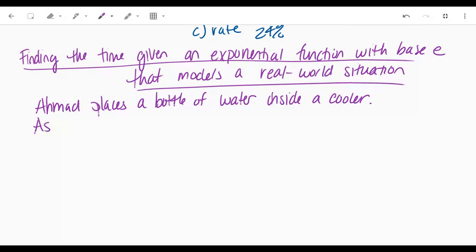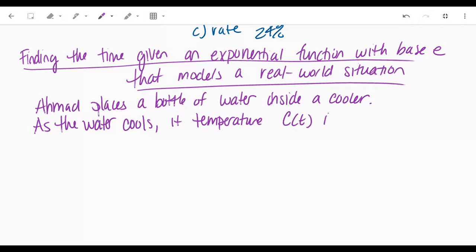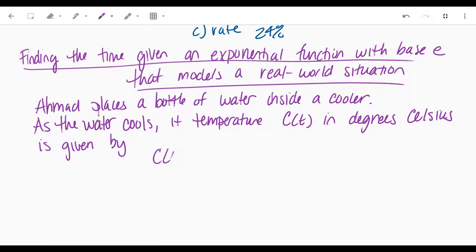As the water cools, its temperature, C of T in degrees Celsius, is given by the following function. So C of T equals 6 plus 12e to the negative 0.04 t.